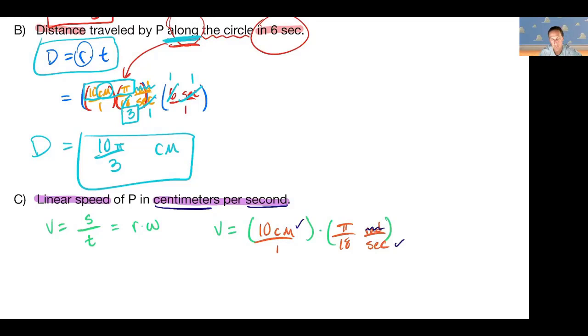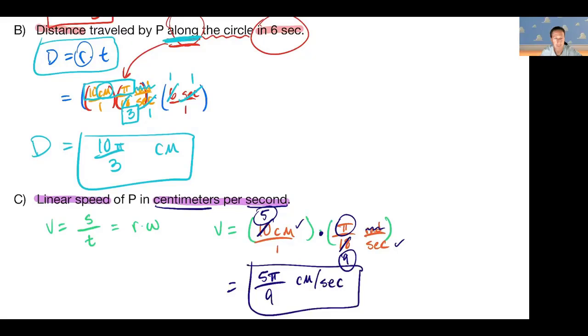All we want to do is give them the most simplified version of this, and because we're multiplying, we can cancel this by 2 and this by 2 to get an answer of 5 times pi over 9 centimeters per second. And that's it. That's example 1. Doesn't get much easier than this section, but you can get lost within all the formulas, what you're given and when to use what.